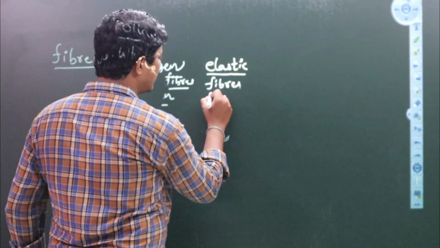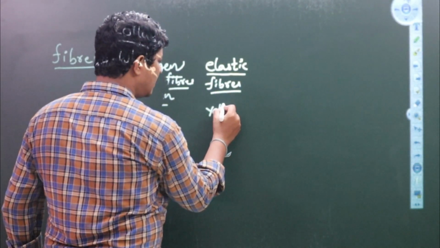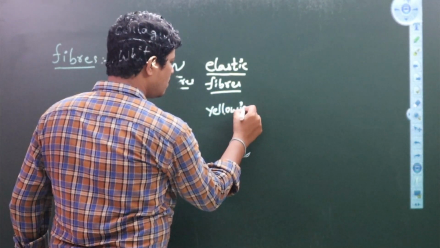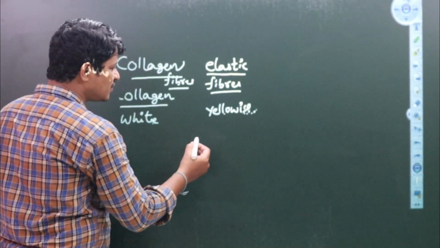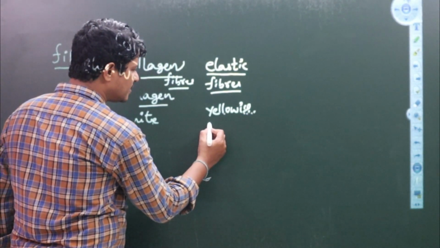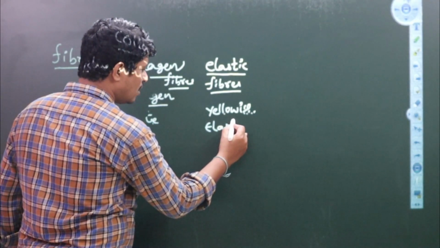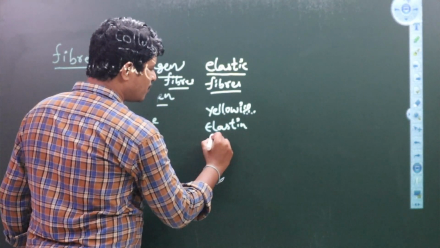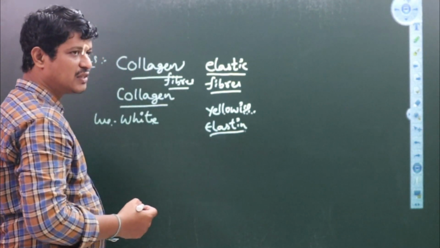The elastic fibers are yellowish in color due to the presence of a protein called elastin.